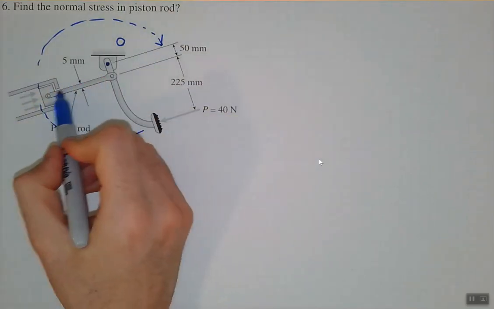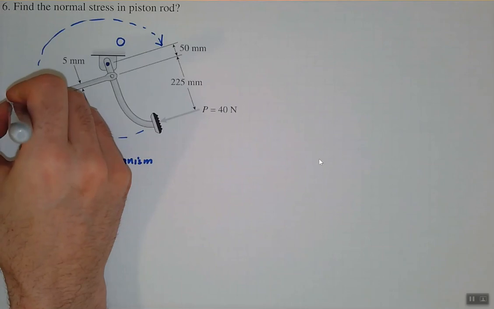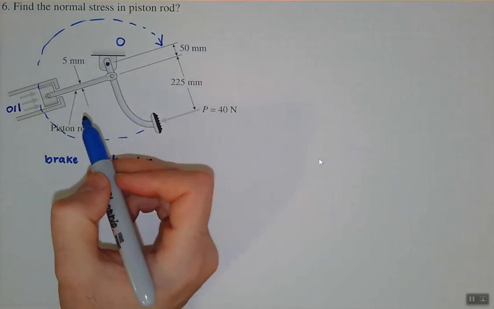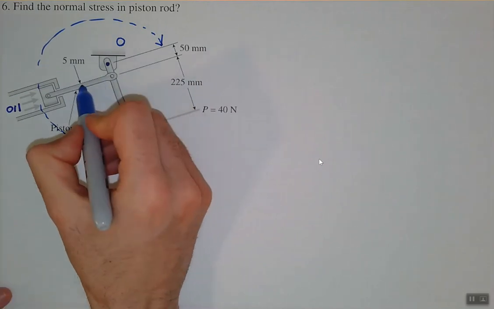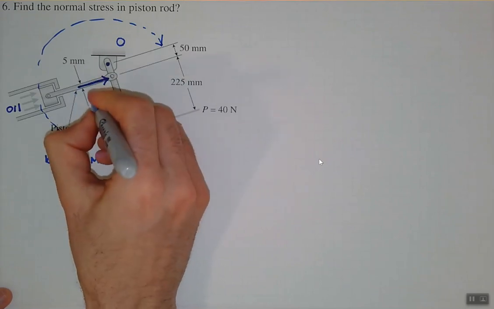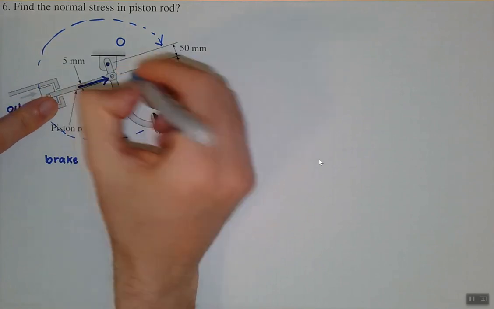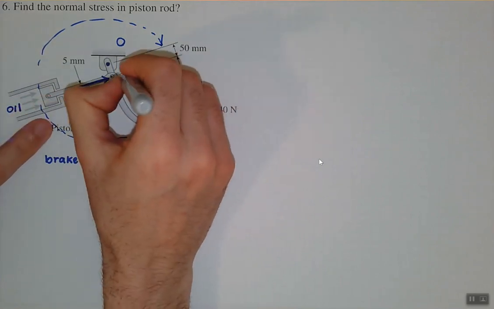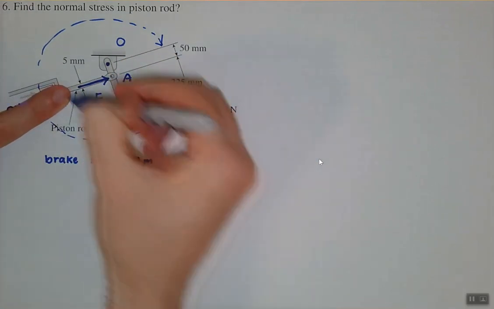But because of this rod and this piston, maybe over here we have oil or gas or some other things, there's going to be resistance. Basically there's going to be a load over here, let's call this load F, which presses against this point, let's call it A, and doesn't let the whole thing start rotating.